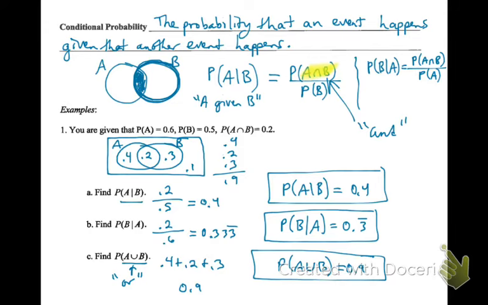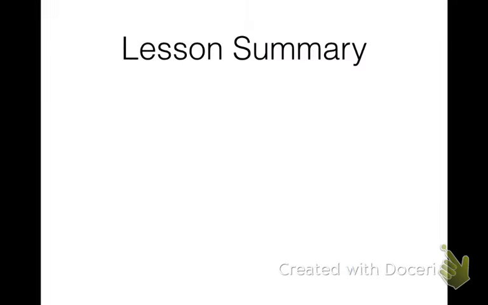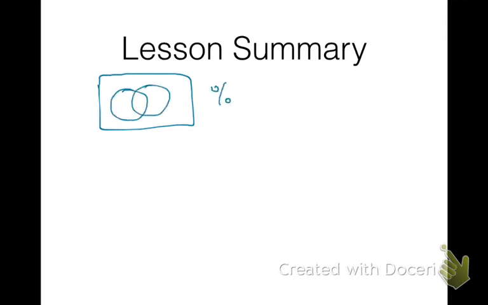Alright, now let's sum up this lesson. We looked at Venn diagrams, and there are 3 different ways you can set up a Venn diagram: with percents, with probabilities, and with numbers.